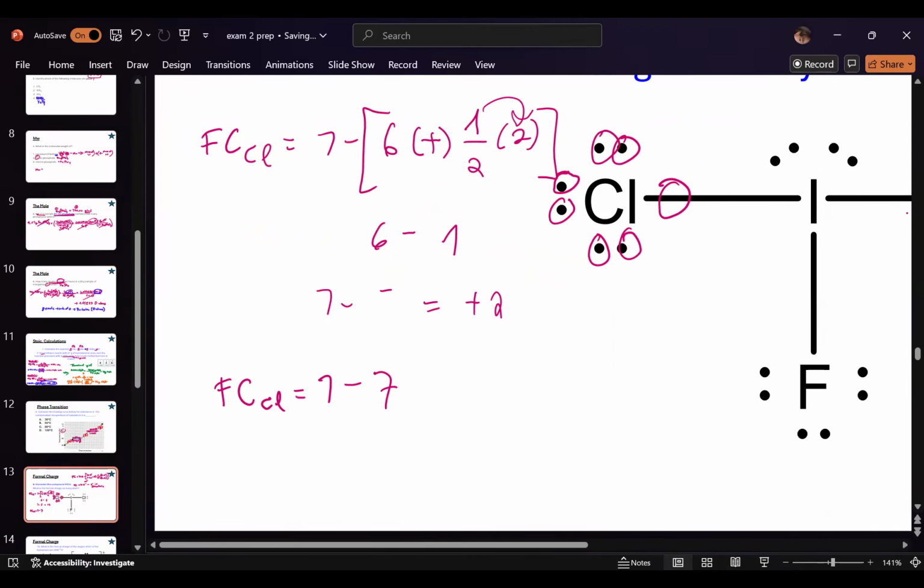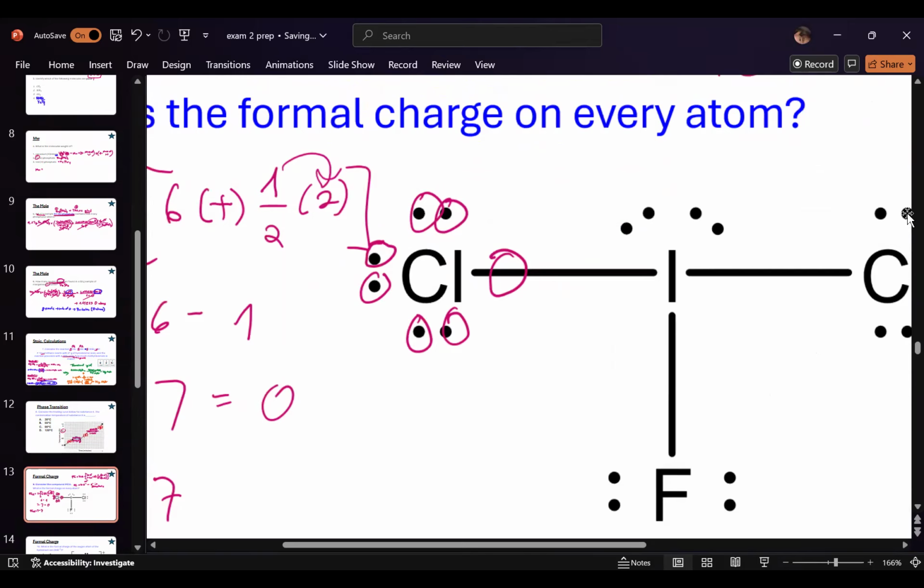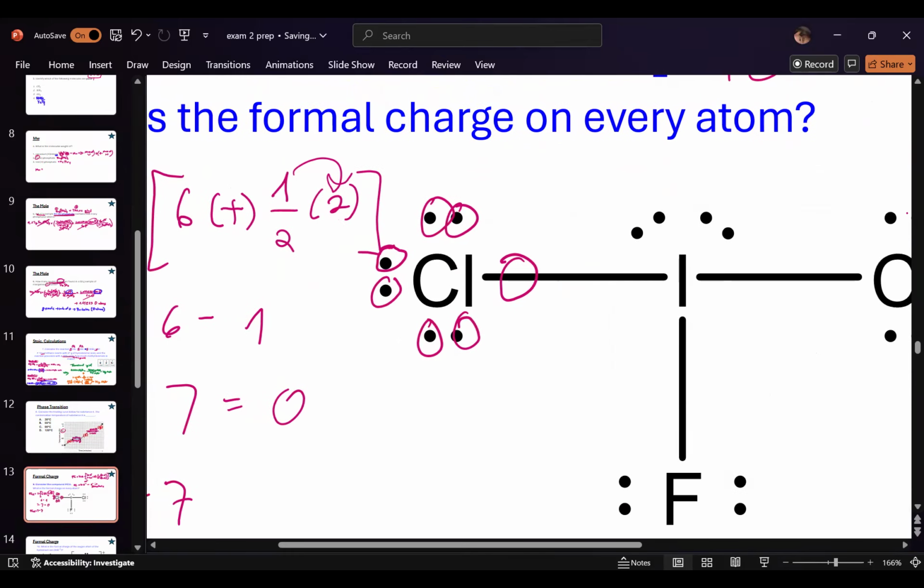So, again, I counted the lone pairs individually. You have 6 lone pairs here, but you have this bond to iodine, and you only count 1 electron out of those 2 electrons in the bond.